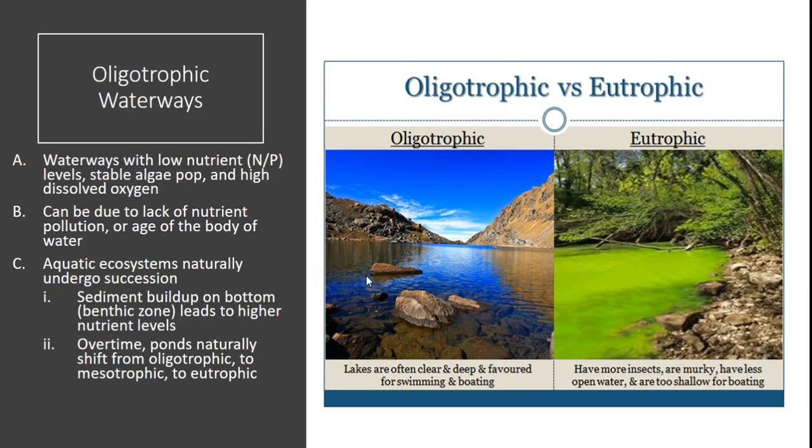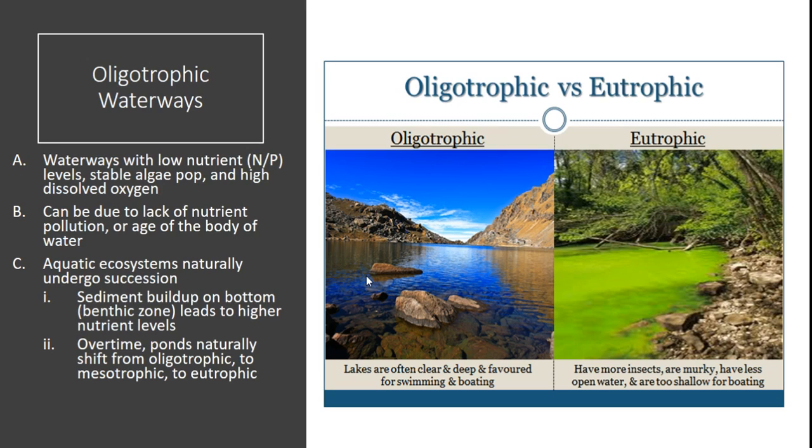Now, not all lakes obviously remain eutrophic over time. They can bounce back, but depending upon several other abiotic conditions, that may take an incredibly long time to occur. Now, waterways that are not eutrophic, ones that have low nutrients, nitrogen and phosphorus, usually have a stable algae population, high dissolved oxygen, and tend to be what's called oligotrophic.